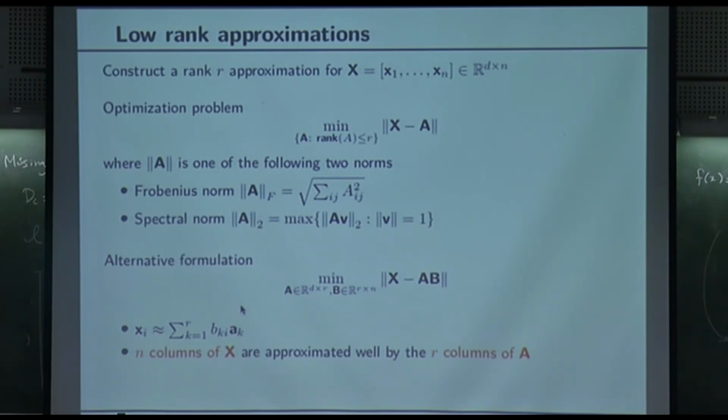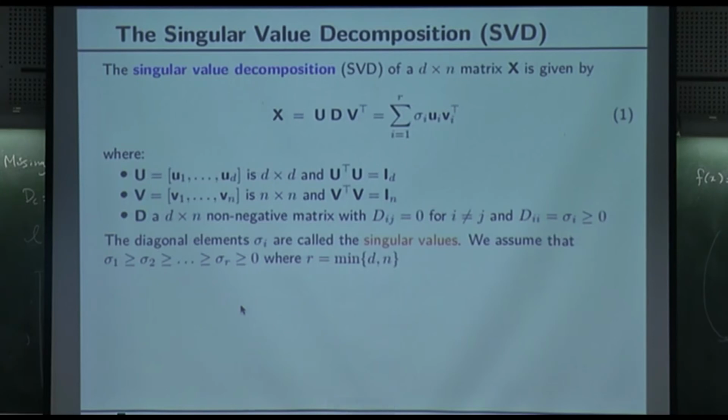So how do we connect these two ideas? We connect these ideas by a singular value decomposition. So for any matrix X, which is a D by N matrix, you can always write it as this combination, U D V transpose.